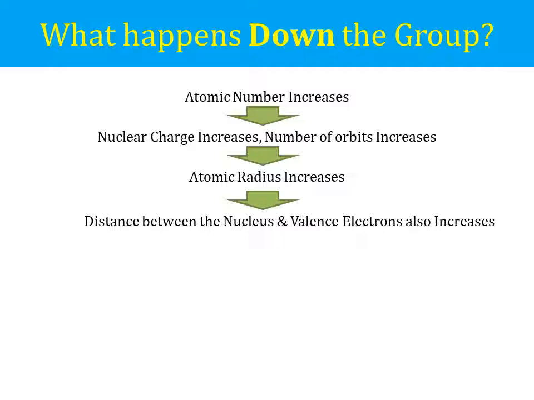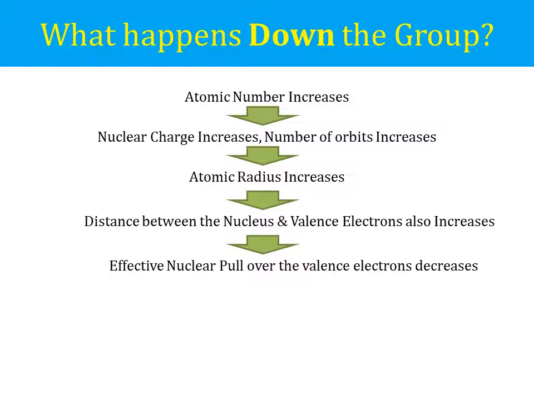Now, if the distance between the nucleus and the valence electrons increases, then the effective nuclear pull over the valence electrons will decrease, because they are going far away. We also know that things which are far away from us, we cannot hold very strongly or tightly.